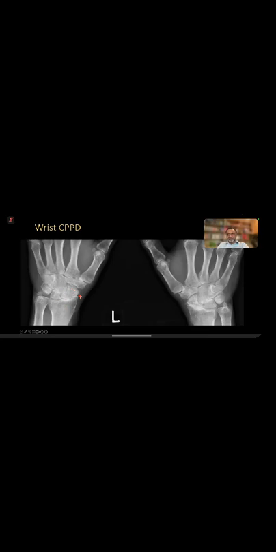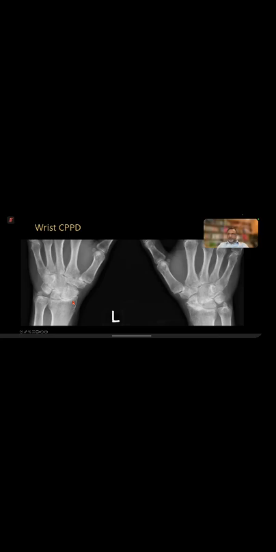But if you see a caving-in appearance of the distal radius, it is very typical of CPPD. You can see it bilateral, symmetrical. It can be asymmetrical, of course. And when you see that, look for any calcification. You may not always see calcification, okay? But if you see this appearance of radiocarpal joint involvement, think of CPPD.